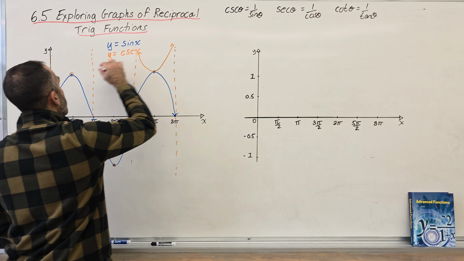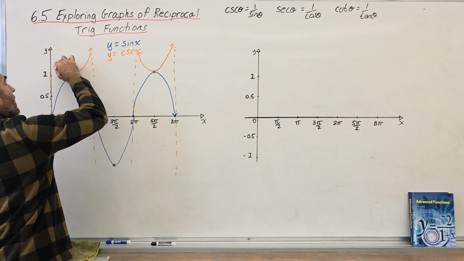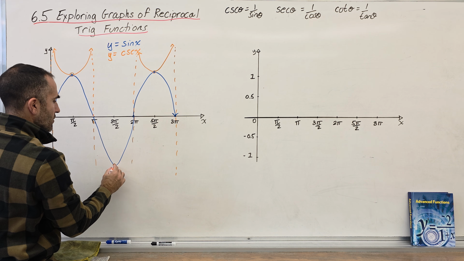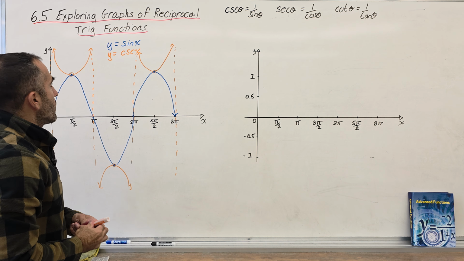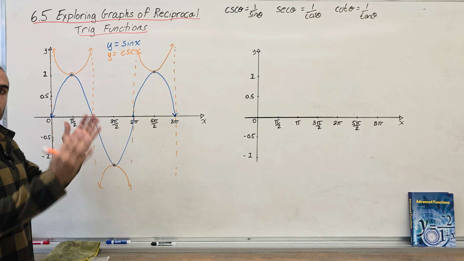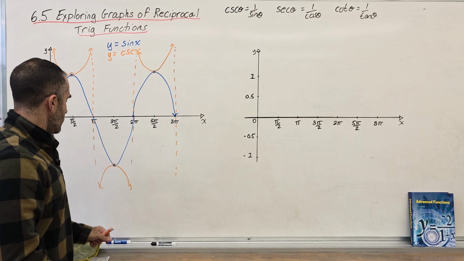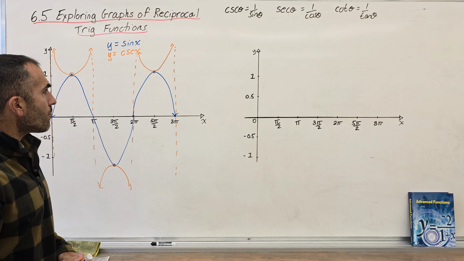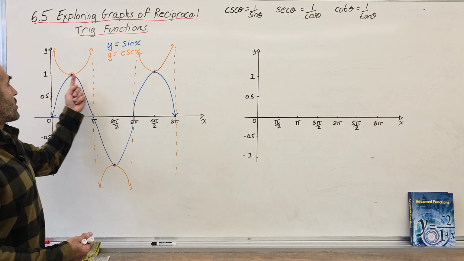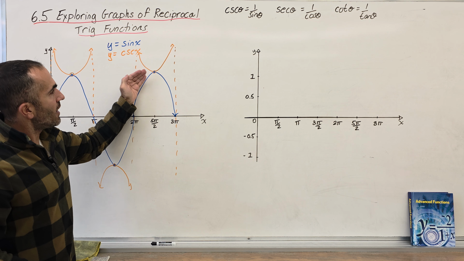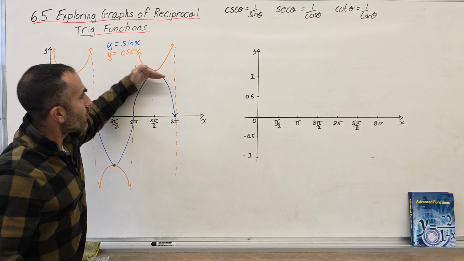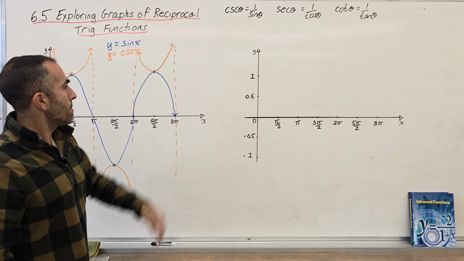So this is the graph of cosecant of x. In hindsight, I should have made this the 1 just so we can see more of the shape of the reciprocal function. And that's all there is to it. We know the intersection points occur at 1 and -1, so those are my intersection points. And as this decreases, the reciprocal increases.